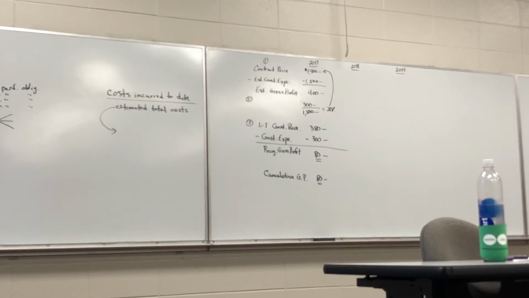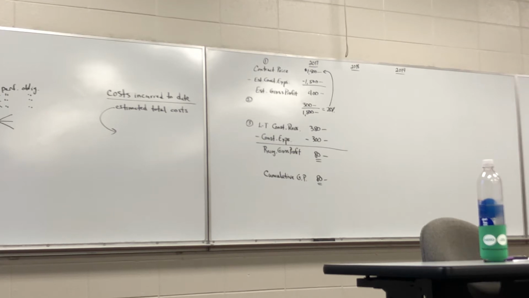So look at year 2. First thing I'm going to do is determine the overall contract status at year end. Well, it says cost incurred to date. That's in the 2 years, $1,200,000.